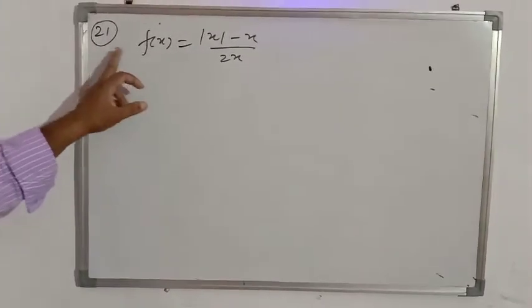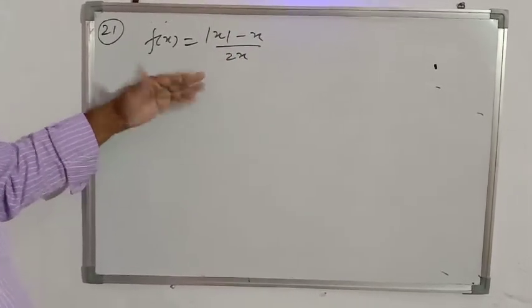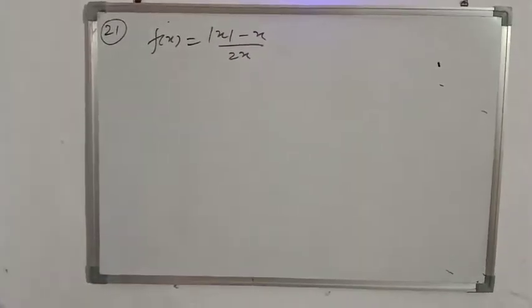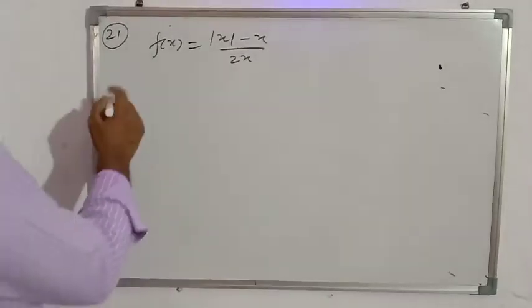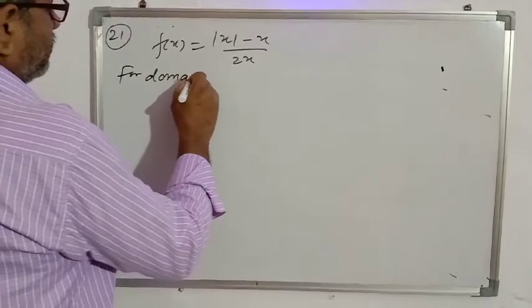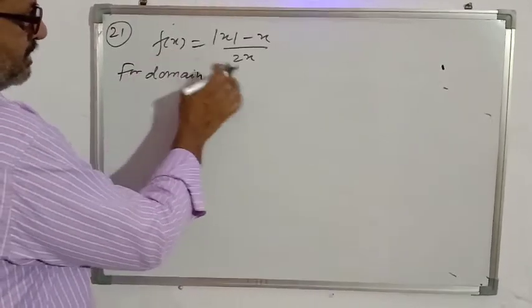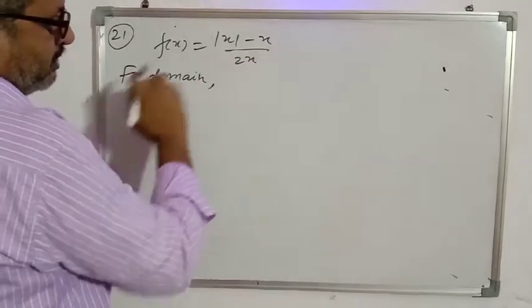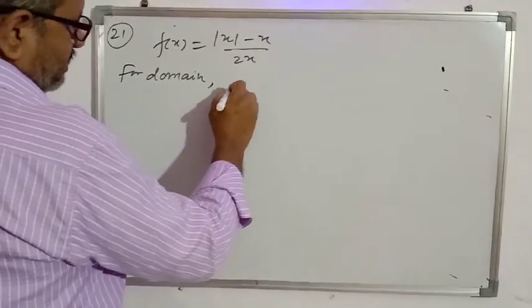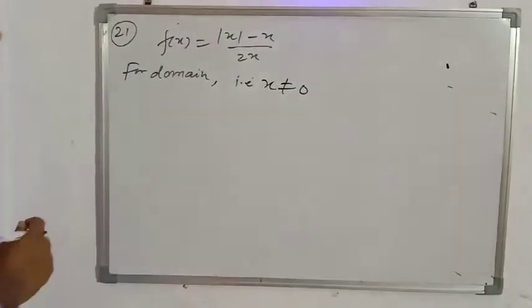See question number 21. f(x) is equal to mod of x minus x upon 2x. Again we have to find the domain and range of this function. So for domain, f(x) must be real. When will f(x) be real? If the denominator is not equal to 0, that is x not equal to 0.